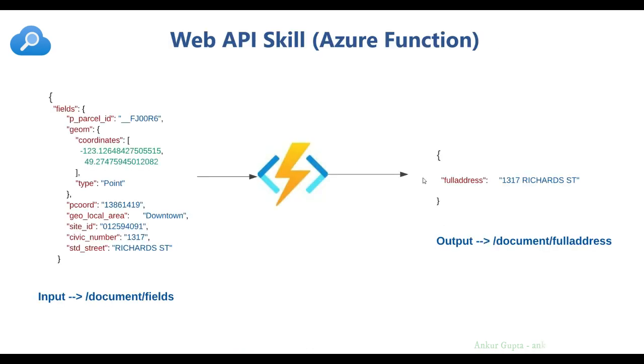So as an example, we are going to add a new field called full address at the root level of our index, and we are going to send all the address data under fields to this new custom skill and get back a full address string which will be built out of street address and civic number. So we will just concatenate it in our custom skill and get back a new full address field from the API, which we will map back to our index in our output mapping.